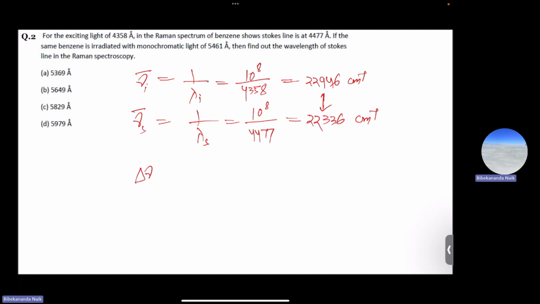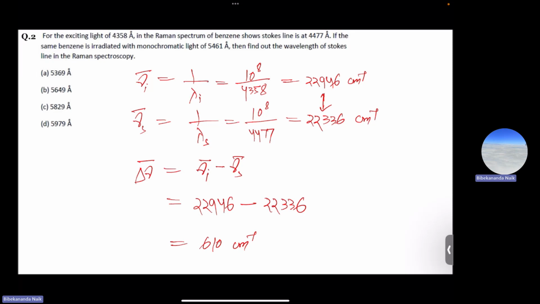So the Raman shift will be lambda I bar minus lambda s bar, which is 22,946 minus 22,336. So the difference is 610 centimeter inverse.